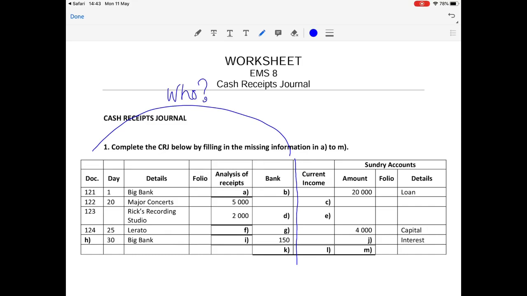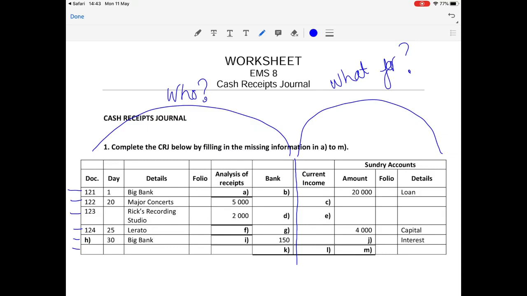So the left-hand side records who paid us and how much. The right-hand side records what they paid us for, what we received that money for. And each line records one transaction. So it's one transaction per line.